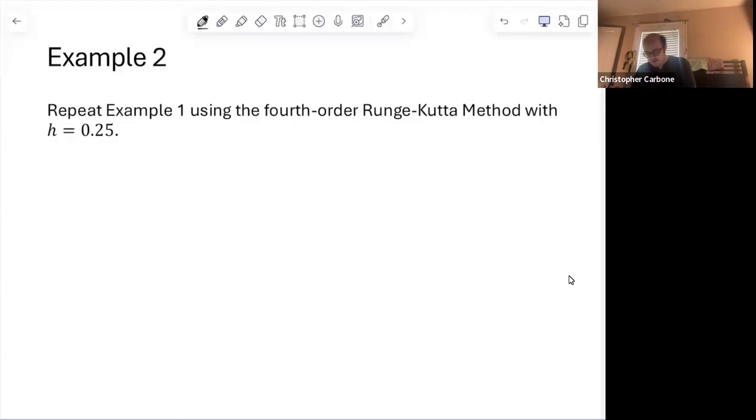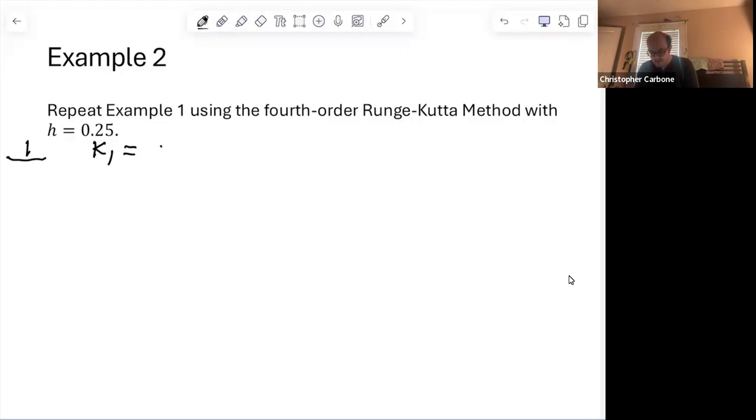For example number 2, I want to use that same function from example 1 and the same approximating 2.5, but now h being 0.25. That way we just have 2 iterations of this to do, but it could still show you how to actually do this. So for this first iteration, we need those 4 function values of k sub 1 through k sub 4.